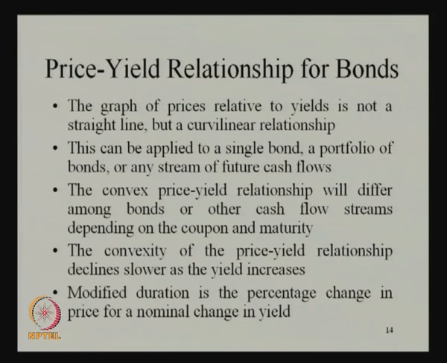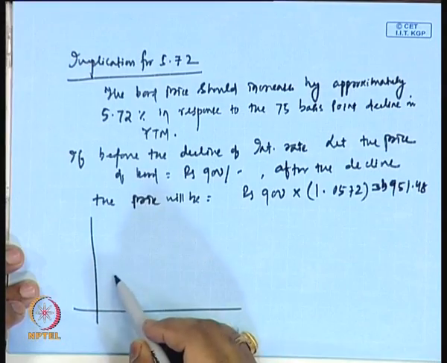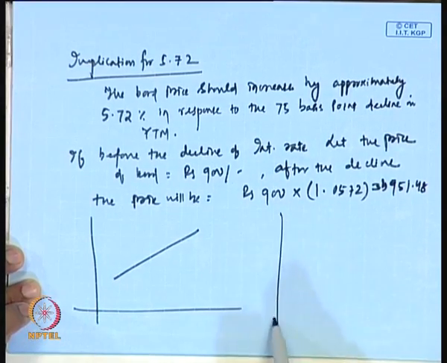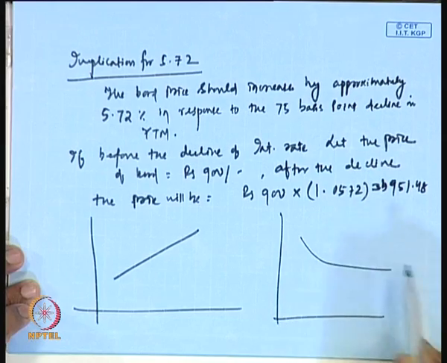The graph of price relative to yield is not a straight line, but a curvilinear relationship. Already you know how the yield price relationship curve looks. This can be applied to a single bond, a portfolio of bonds, or any stream of future cash flows. Basically, this relationship is not a straight line, it is this curve.